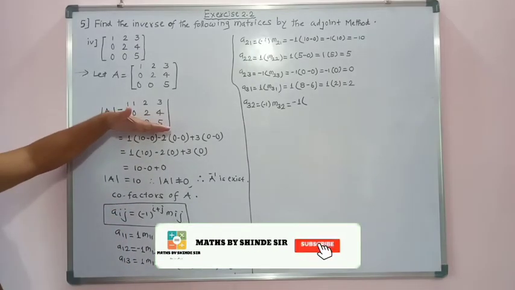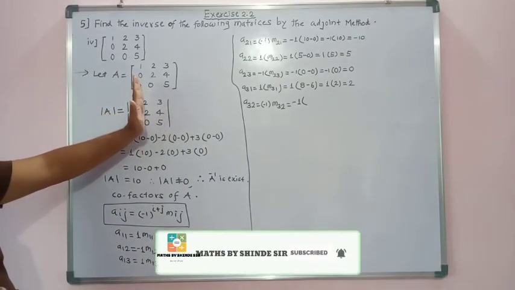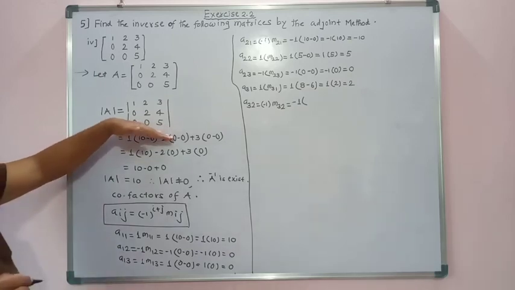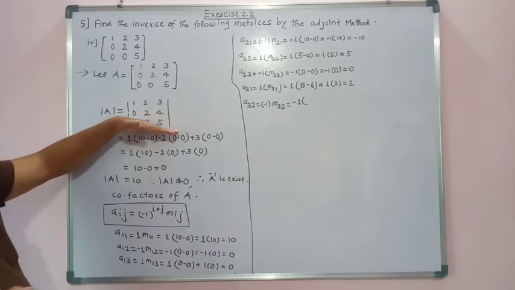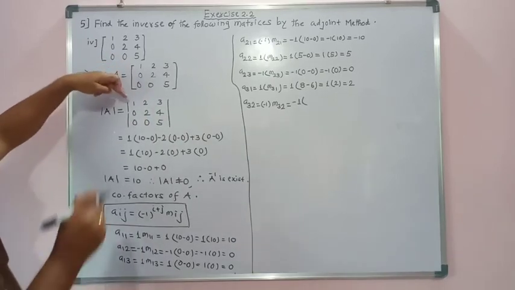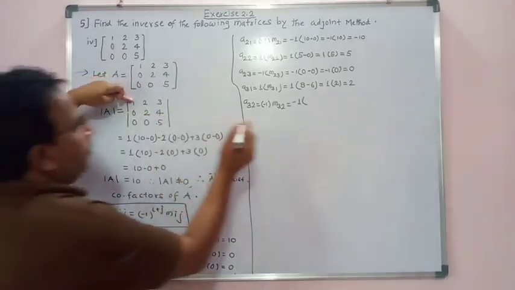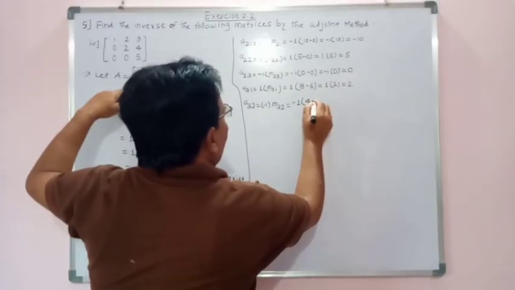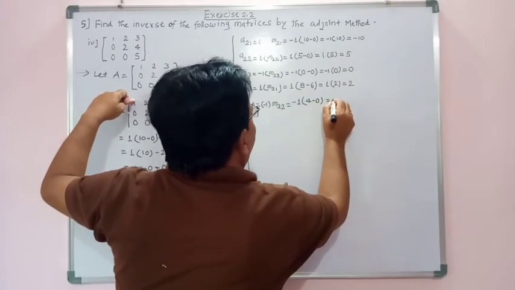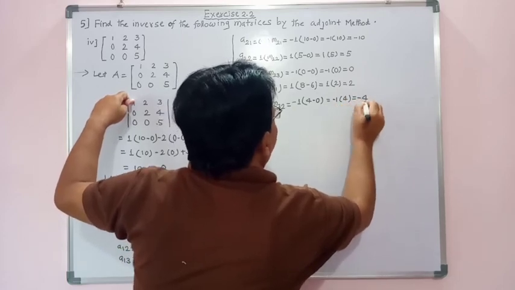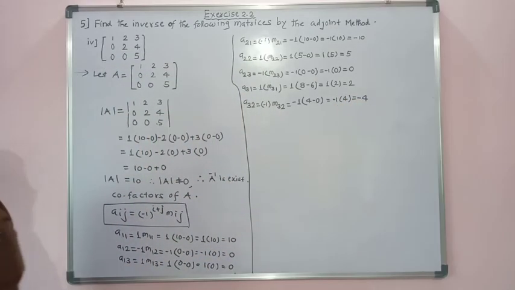Leaving of third row, second column. 1 into 4 is a 4. And 0 into 3 is a 0. Minus 1 into 4 minus 0 is a 4. Minus 1 into 4 is a minus 4.